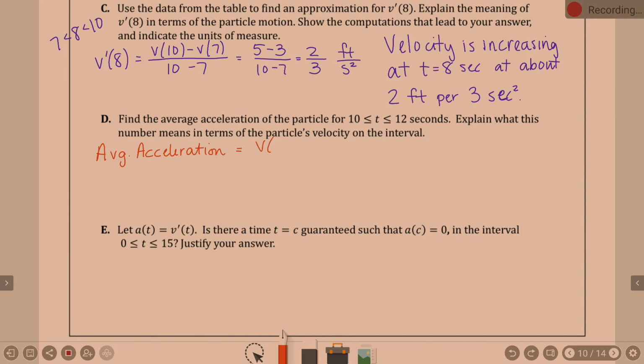So I personally tend to say V of 12 minus V of 10 over 12 minus 10. V of 12 is 3 minus V of 10 is 5 over 12 minus 10.